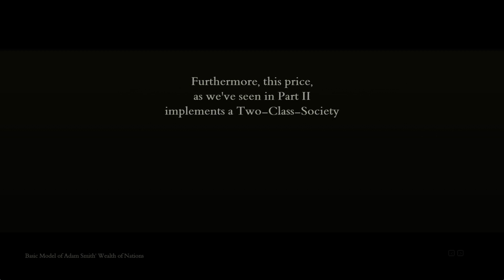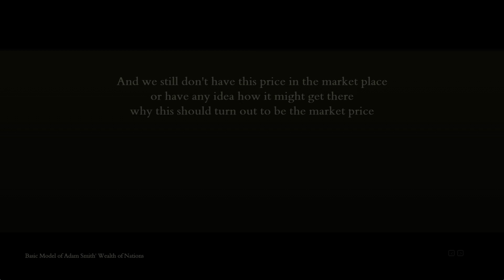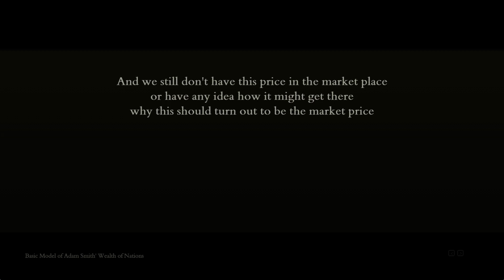Furthermore, this price, as we've seen in part 2, implements a two-class society. And we still don't have this price in the marketplace or have any idea how it might get there, why this should turn out to be the market price.